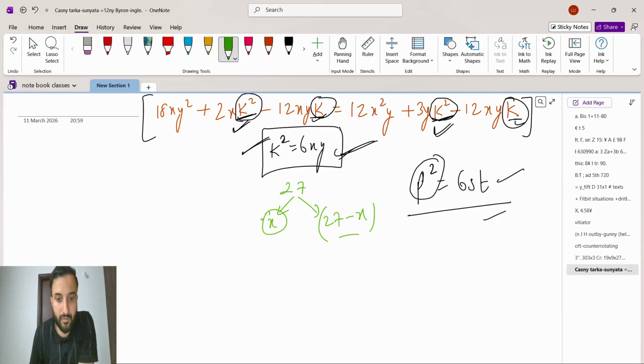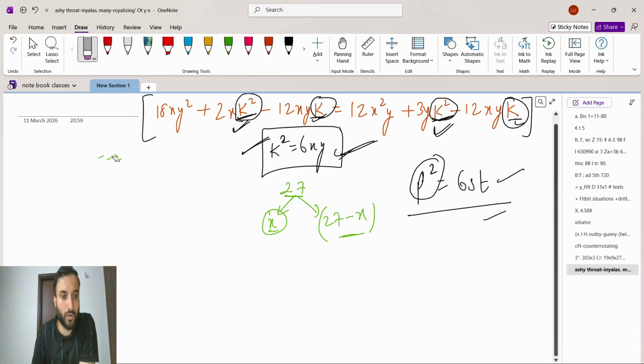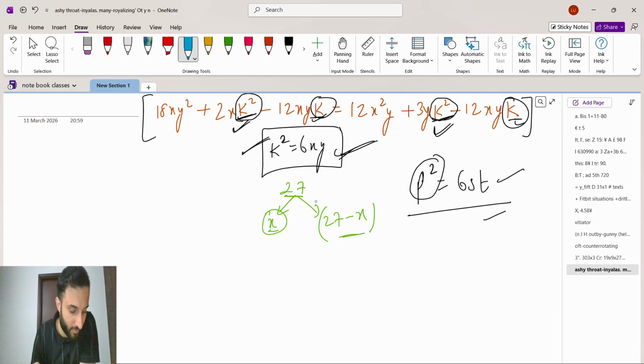There we did the question: 45 is split into two parts, the first part is x, another part is 45 minus x. This is the concept we use whenever they say a number is divided into two parts or split into two parts.